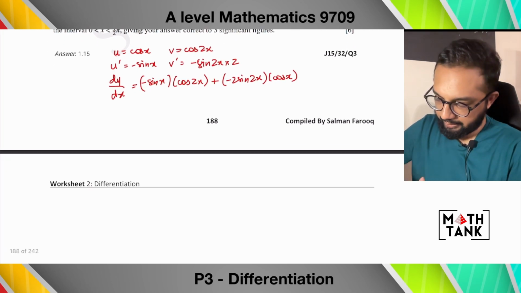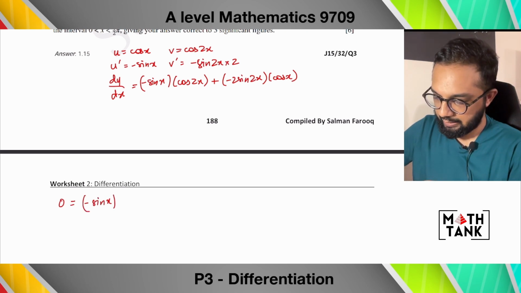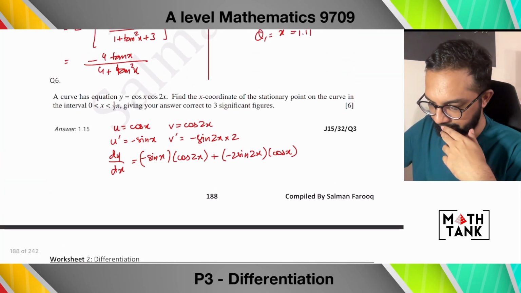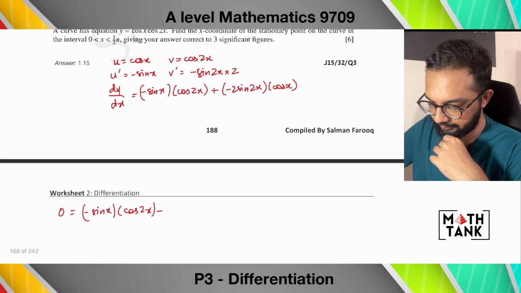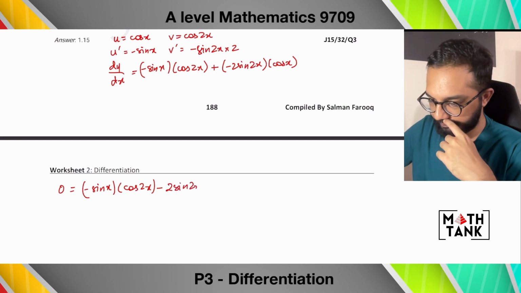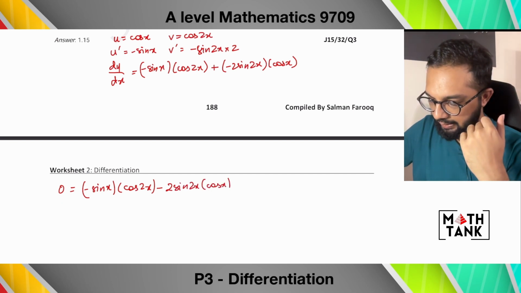equals 0. Let's solve this here. So minus sin x cos 2x minus 2 sin 2x and cos x.